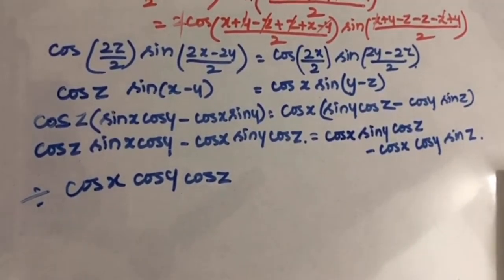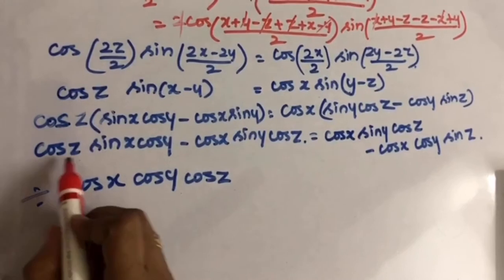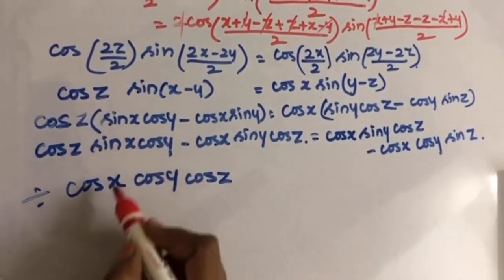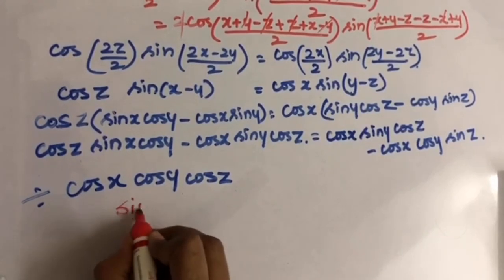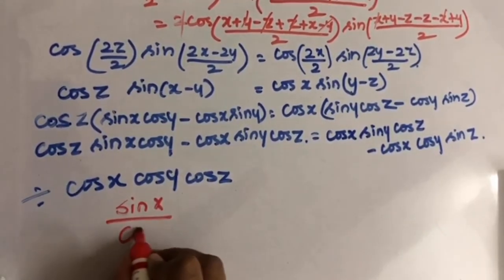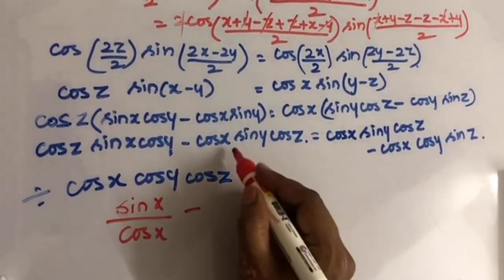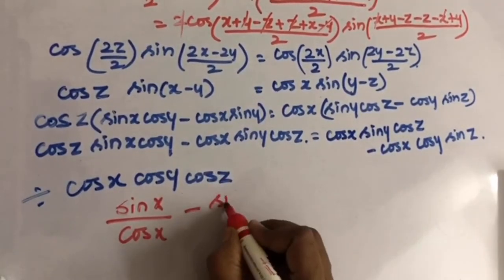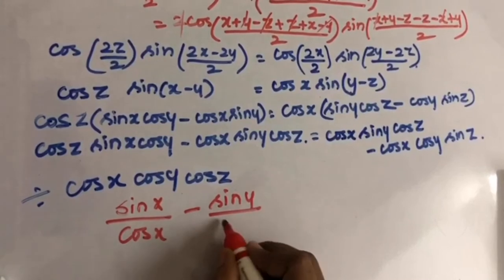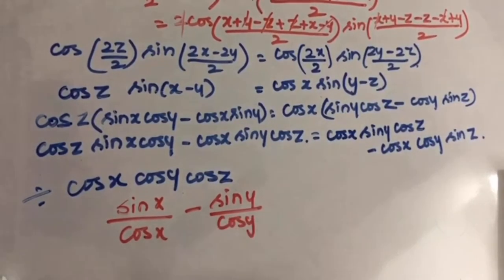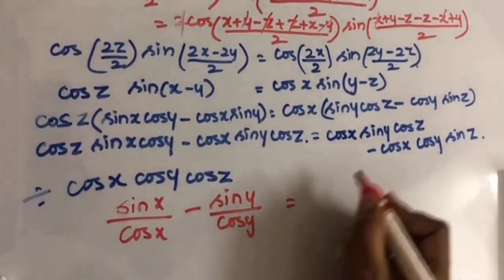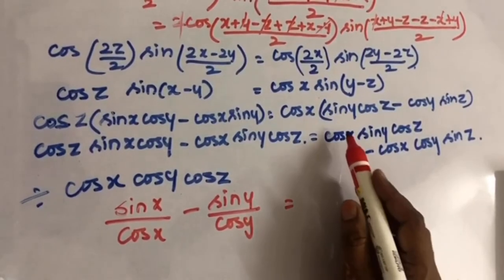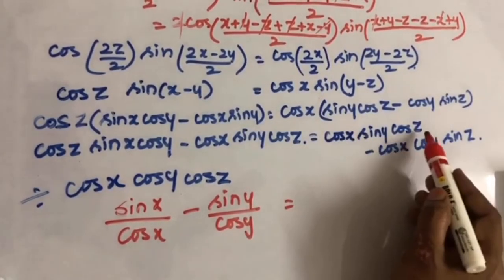Check the first term. Already cos z sin x cos y is there. So cos z and cos y will get cancelled and you get sin x divided by cos x. Minus, here also the cos terms will get cancelled. So you get sin y by cos y. Here on this right side, you have cos x sin y cos z.